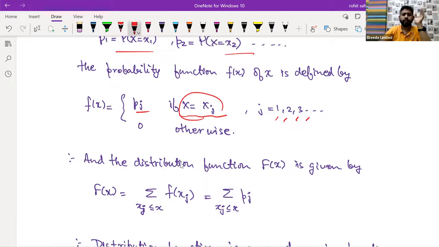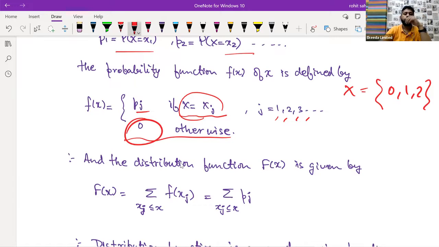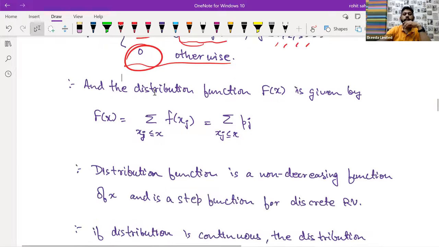Nothing different in it. And anything which is out of your values, like in this case it was 0, 1, and 2, the probability, the density of that value will be 0. That is what it is given. And this is also discussed. Distribution is like summation up to that value, right? If you're talking about f of x like that.